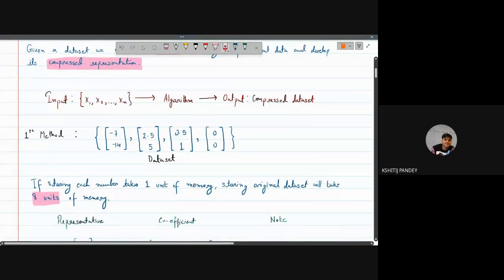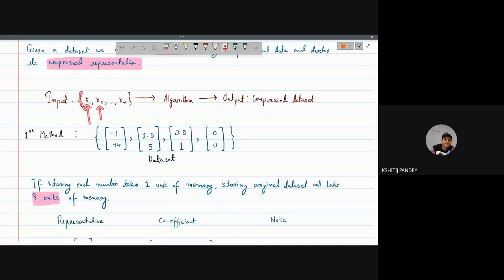In the input we will have a data set, where all these are vectors belonging to R3. Whatever algorithm we develop will give you a compressed representation of this data.